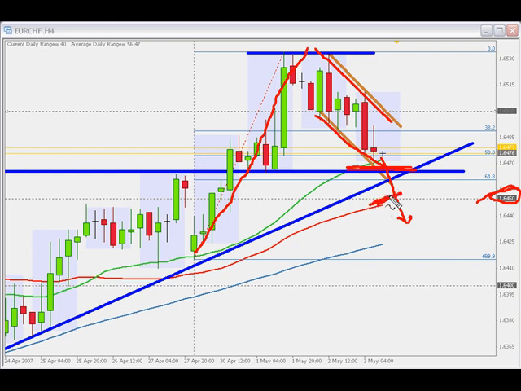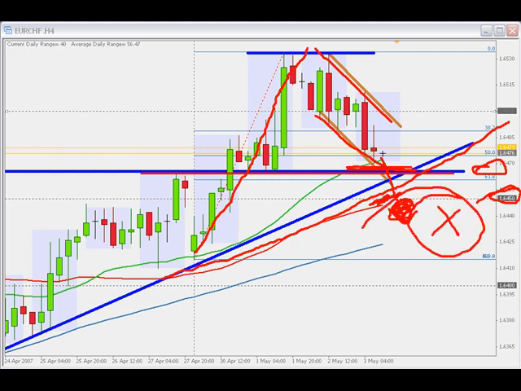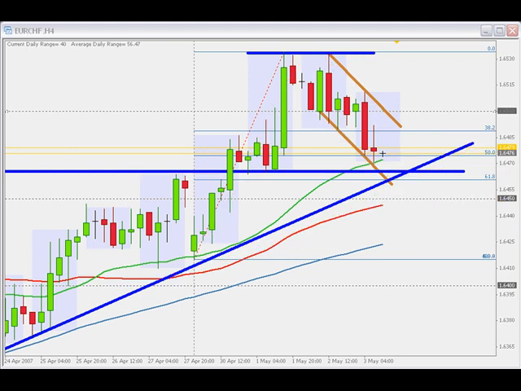Piercing also below the 50, breaking below the uptrend, breaking below the support level of support resistance, breaking below the 61. If we see a dive below this area, I'm calling it today, this is a no-go. Okay, that's my trade plan. If it breaks below, I will stop searching for any long opportunity on this pair.